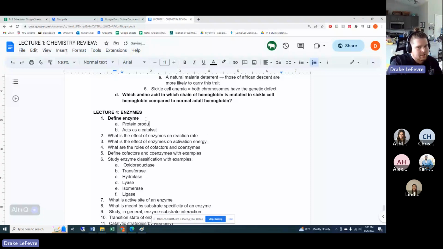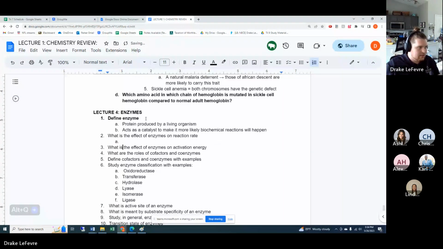It's produced by a living organism. Acts as a catalyst to, what's a good word for it? To lower activation energy or speed up reaction? Yeah, let's say to make it more likely biochemical reactions will happen. We'll get a little bit more into activation energy and stuff later on.